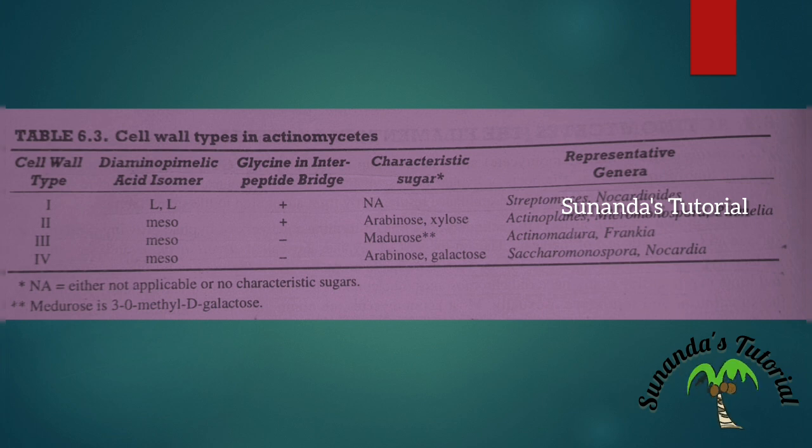Among those, they have diaminopimelic acid and glycine in the interpeptide bridge. Characteristic sugar is absent in one type of cell wall, but in the other three it is present, mainly arabinose, xylose, madurose, arabinose, galactose, and the names of representative genera are also mentioned here.